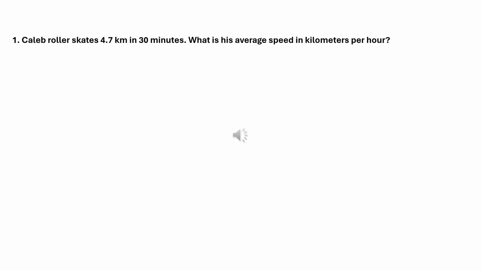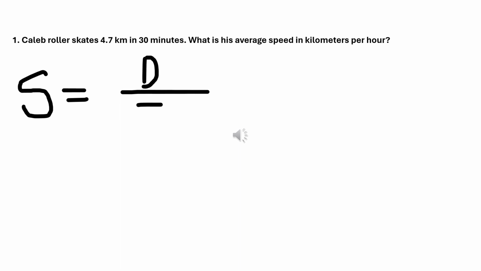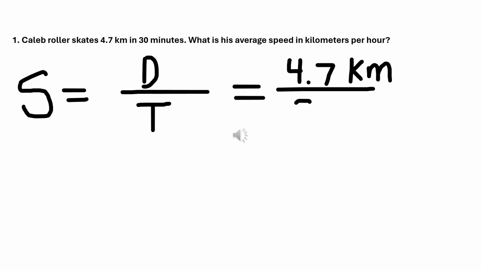So kilometers per hour is a distance divided by a time, and so we know that speed is distance divided by time. So we're going to go ahead and write in that formula, and then we're going to plug in the numbers. So the distance is 4.7 kilometers, and he was able to travel that in 30 minutes.